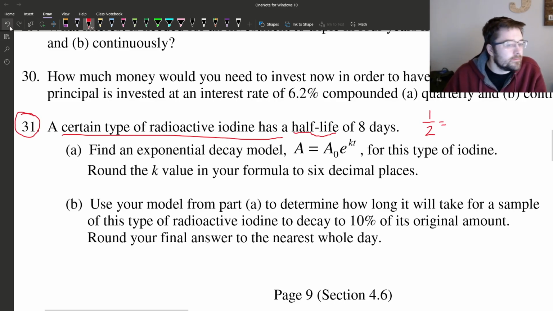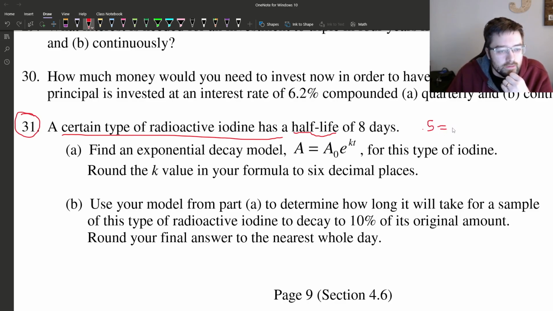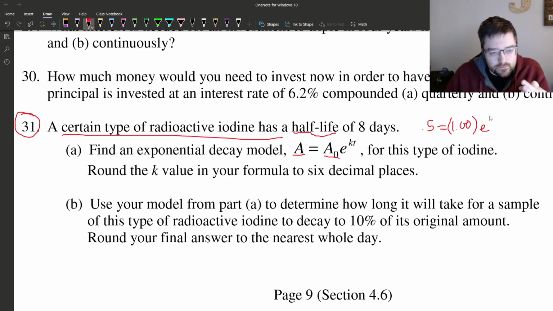So we can actually take this as a percentage, 0.5, 50% after we've started with one whole for our A and A sub 0 amounts. E is Euler's number, and then k is actually what we're solving for. And we actually know the time in days, 8. So from here, this should be enough information to get us to an answer.